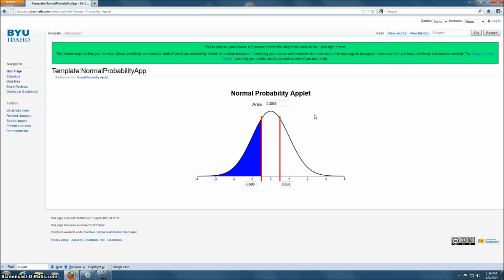Question F. What is the third quartile of the speeds of hydrogen at room temperature? Okay, so now remember, the third quartile is the 75th percentile, and up here in our applet, the 75th percentile can be represented by an area of 0.75. Okay, so we have this area of 0.75.